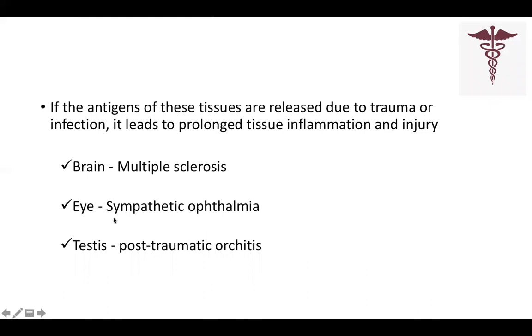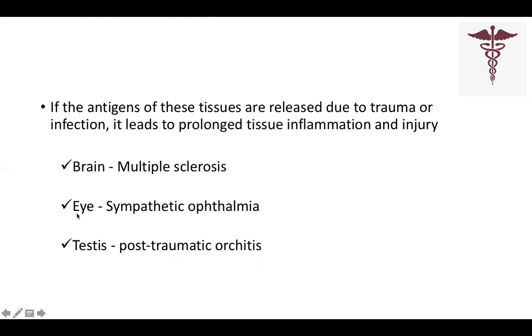Similarly, and this is very interesting, sympathetic ophthalmia or sympathetic endophthalmitis. What happens is that one eye gets injured, a penetrating injury, and it gets infected. You try to correct it, you try to repair it, maybe you succeed, maybe you don't. Suddenly, after a few weeks, the other eye develops a rapid inflammation for no reason.